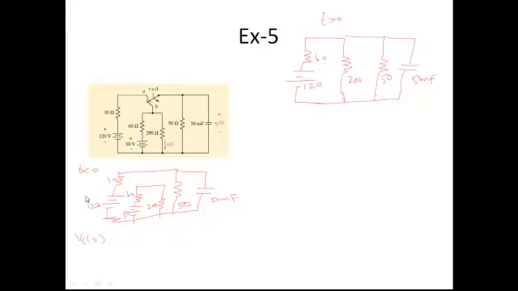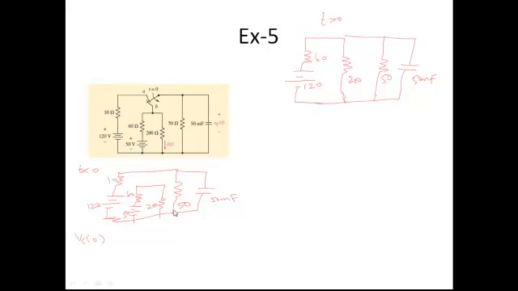So carefully watch this network. If you are interested in finding VC of 0, the voltage when t is lesser than 0, that is under steady state, and it will act as the initial voltage for the respective circuit. So the voltage appearing across the capacitance is nothing but the voltage across the 50 ohm resistance.